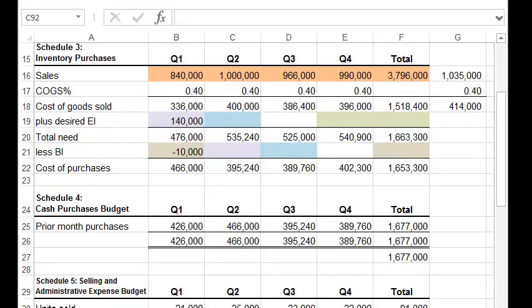Now take a look at the information in bullet 3. Information there tells us how to complete Schedule 3 and Schedule 4 for our budget. It tells us that Attaboy estimates that they will have a gross margin percentage of 60% in year 4. Remember that gross margin percentage is gross margin divided by sales revenue, and sales minus cost of goods sold equals gross margin.